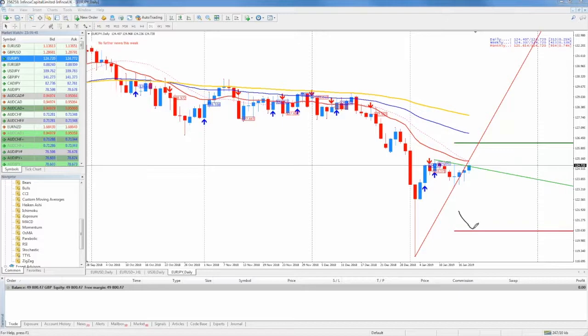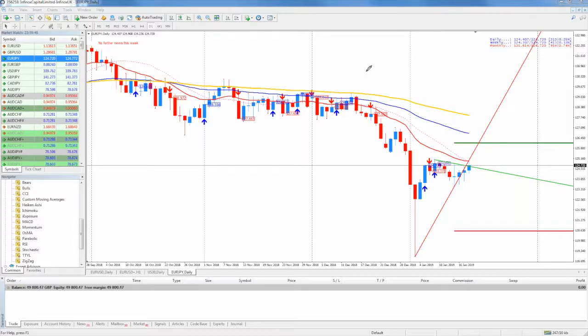Again, conversely, see any blue arrows as you rebound off the support, it's very, very strong, because then that looks for momentum to go the other way. But if it breaks down through these, you get the red arrow following. That's very weak. If you break up through them, get the arrow forming up, well, that is also very, very strong indeed.